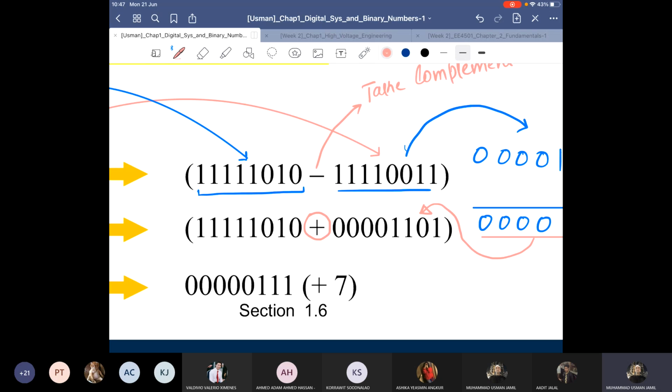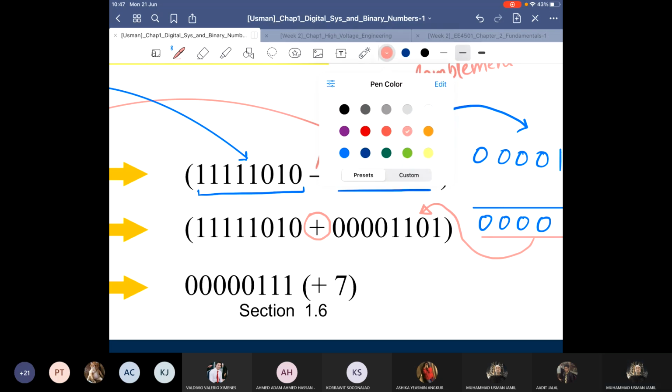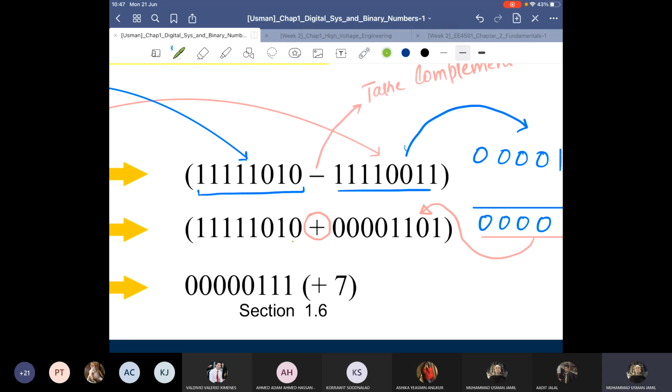Now you can also see here. This 0, this 0 and this 1. Just wait. So 0 plus 1 is 1. Then 1 plus 0 is 1. Then 0 plus 1 is 1. Then 1 plus 1 is 0, because we have a number 2, then 1 carry.